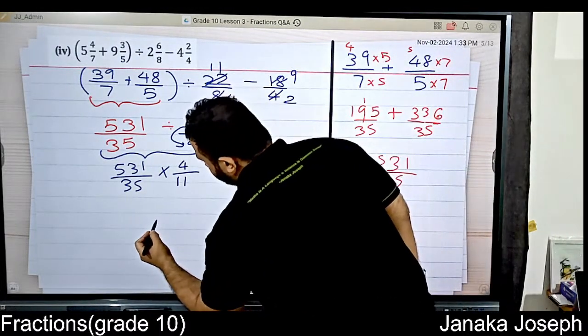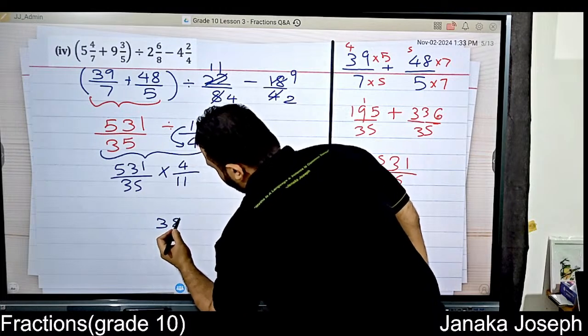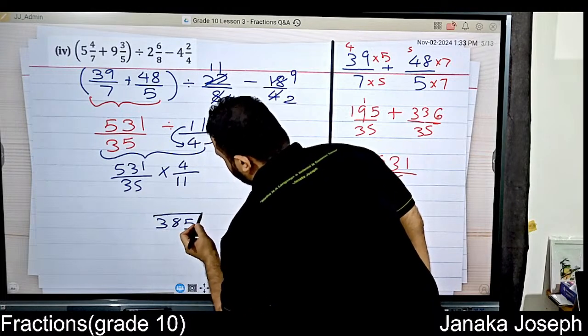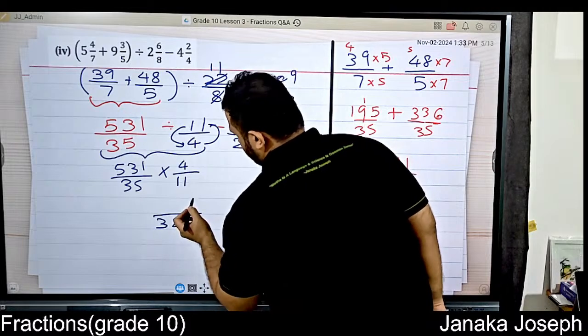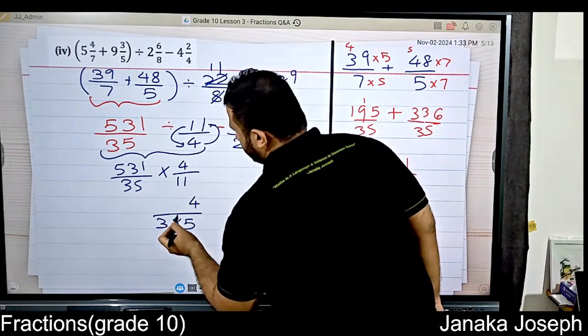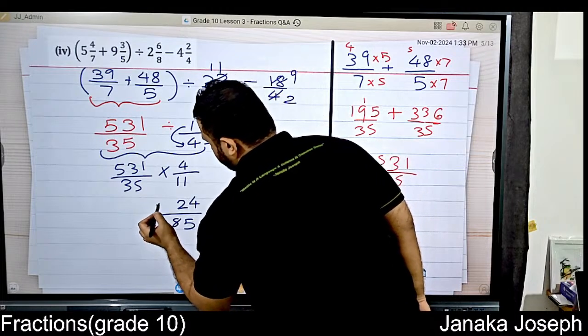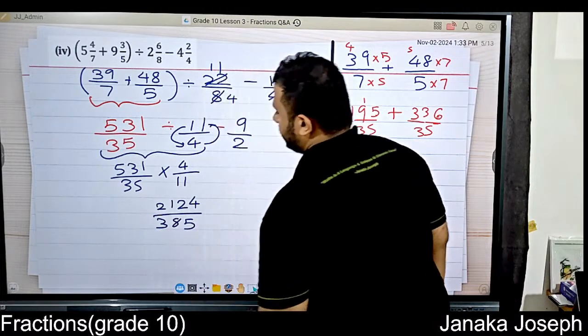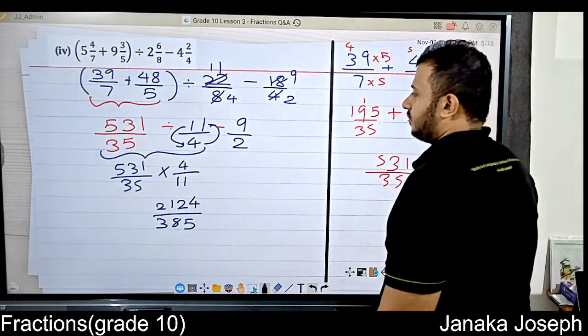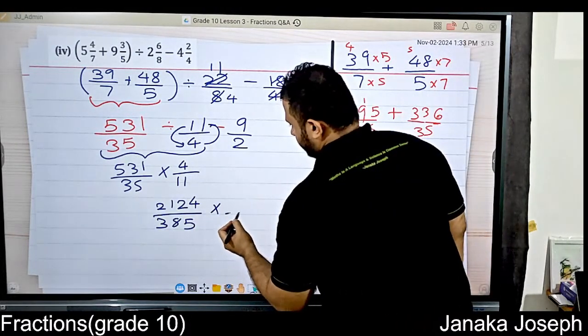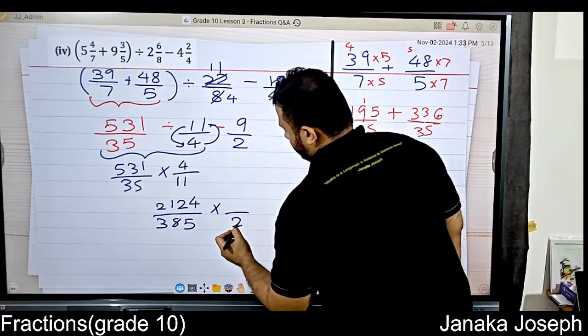That will give me 385 over 4 to 21 times 2 and 9.